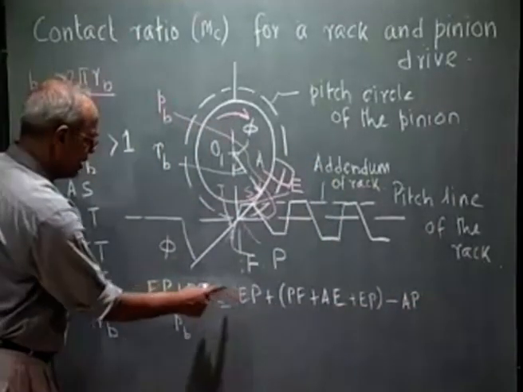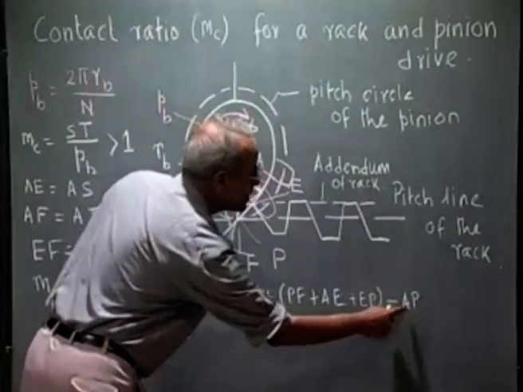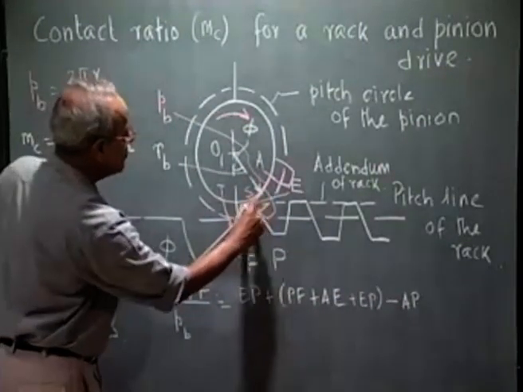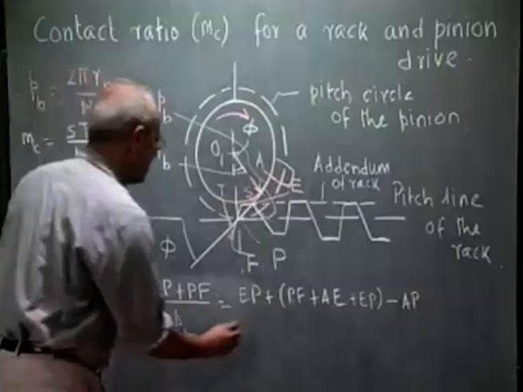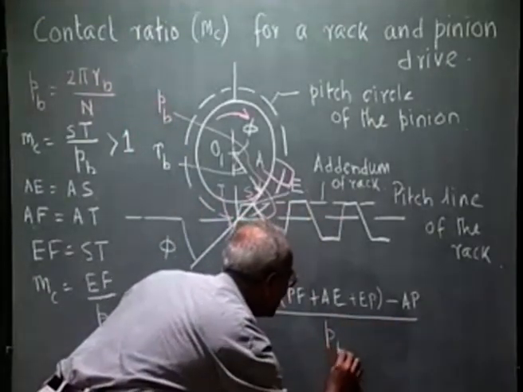EP I have written here, PF I have written here, AE plus EP I have added, so I have subtracted AE plus EP, which is nothing but AP, divided by PB.